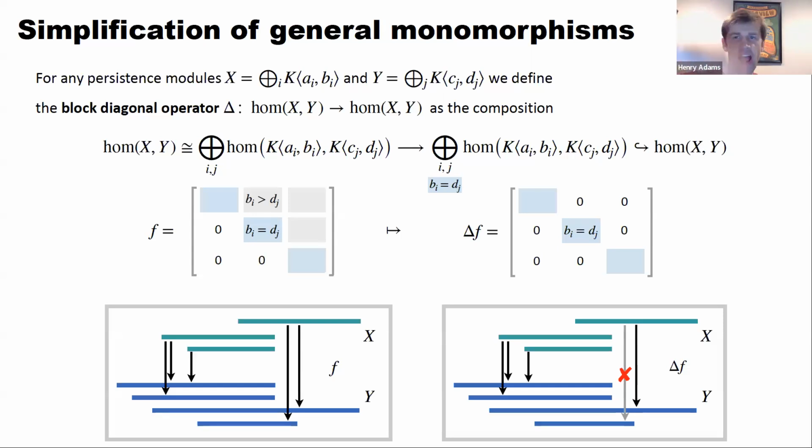So each bar has to either map to zero or map to at least one bar with the same endpoint. Exactly. But you're right. The definition is general, and in that case, for morphisms where you don't have pairs of bars with the same endpoint, you would get the zero morphism. It's just not a very interesting definition in that case. Right. But for monomorphisms, it's interesting.